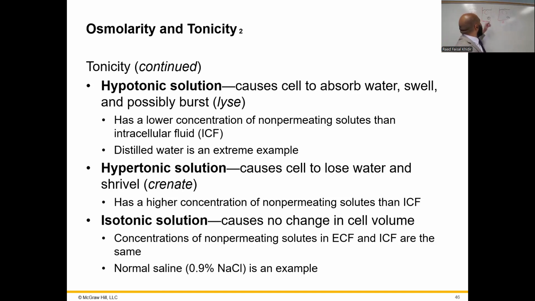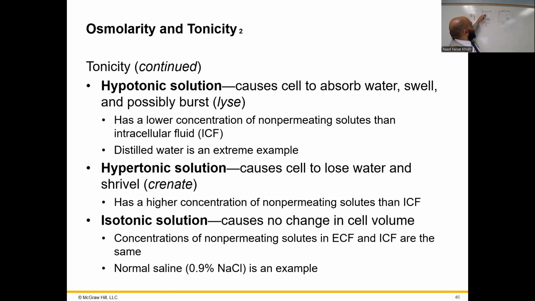Okay? So what happens now if it's really hypertonic? What's going to happen to the water inside the red blood cell? Excellent. It's going to come out to dilute here, from an area of low concentration to an area of high concentration. Then what's going to happen to the red blood cell? It's going to shrink.